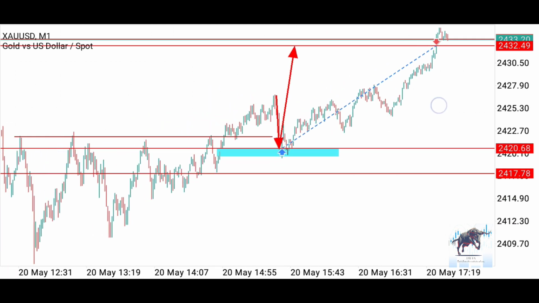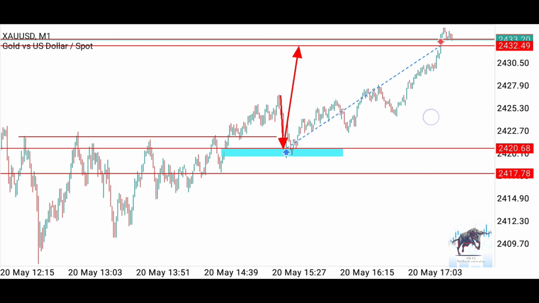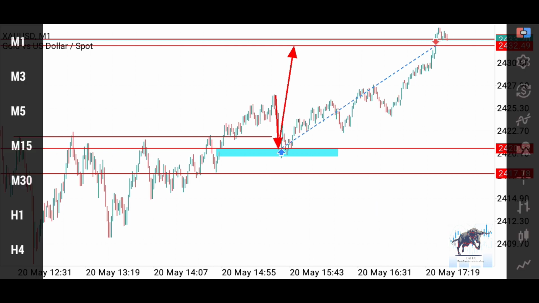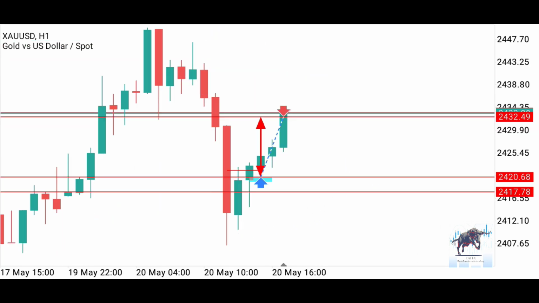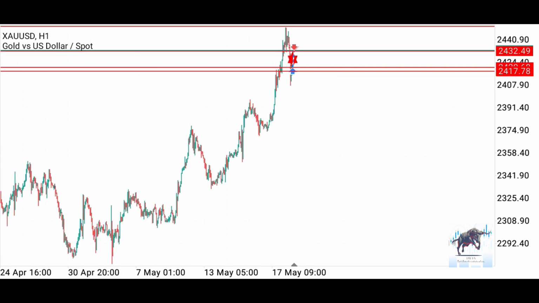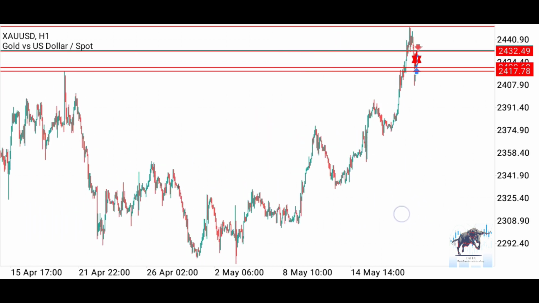Basically, the reason why I took this trade, I'm going to first start on the higher time frame so that we can get our larger time frame bias. If we go on the 1 hour time frame right here and zoom in, I want you guys to be aware of something.